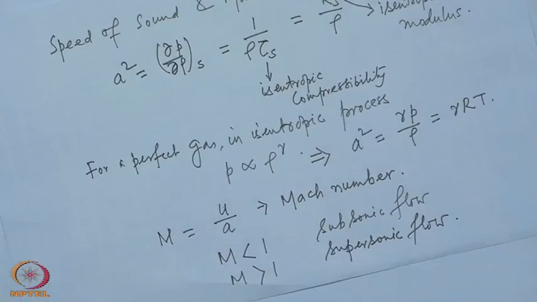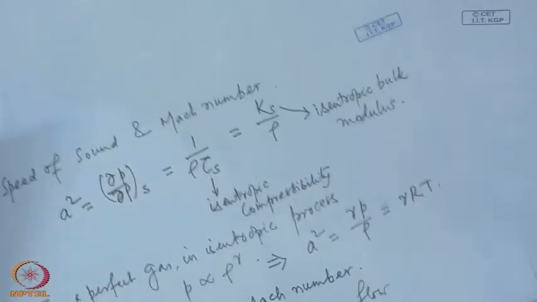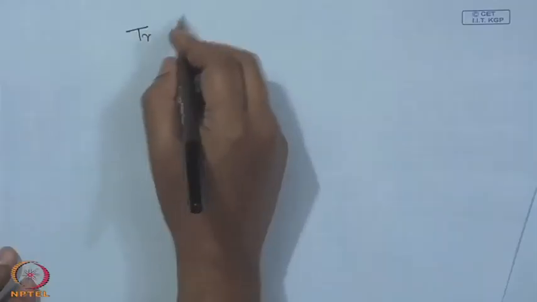and a flow where both these situations prevail, that is, there is some part of the flow where the Mach number is less than 1 and some part where the Mach number is greater than 1, is called transonic flow.